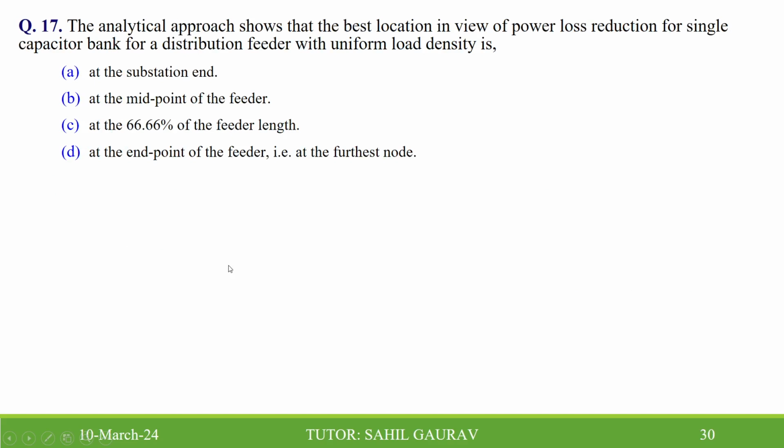Now the next problem is that the analytical approach shows the best location in view of power loss reduction for a single capacitor bank for a distribution feeder with uniform load density. So what do you know? Which is the best location for the uniform load density?